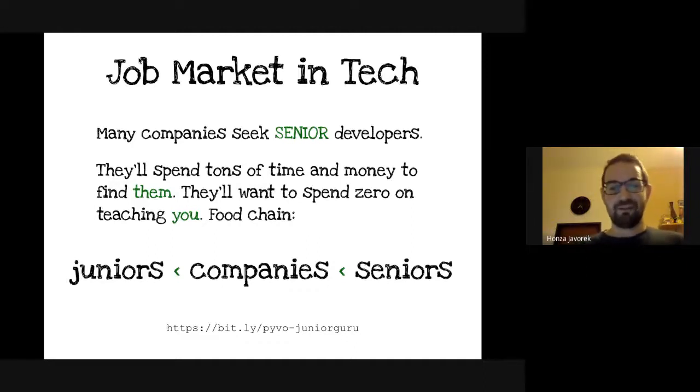The food chain is: juniors desperately need companies to hire them, and companies don't need them that much. Then companies desperately want seniors to work for them, and seniors don't need them that much. I mean, they need them, but they need to work somewhere.